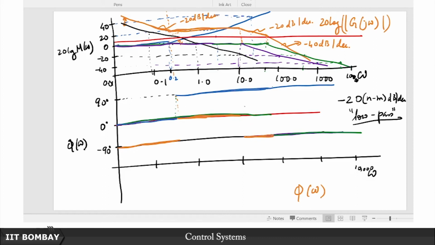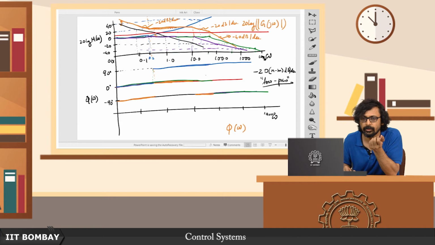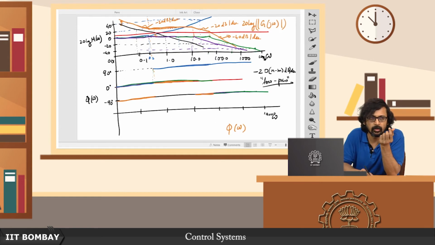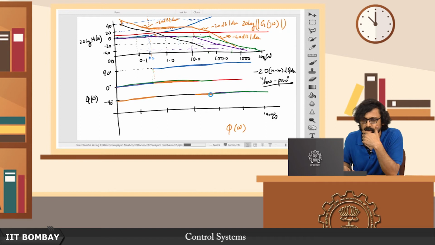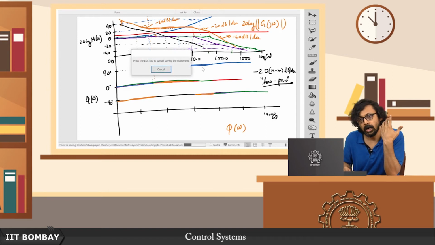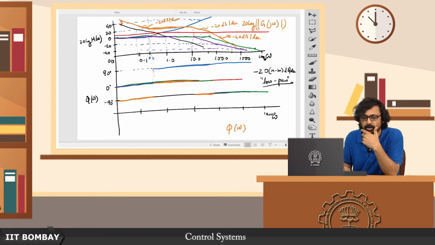So at this point what is the contribution? The purple line is contributing minus 90, the integrator is contributing minus 90, which is minus 180, the constant factor is contributing just 0. So no new contribution for the constant, so it's 0. The blue line is contributing a plus 90 degrees. So there's minus 90, plus 90, so it's overall minus 90.